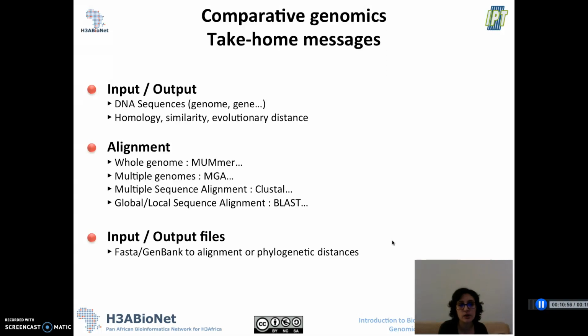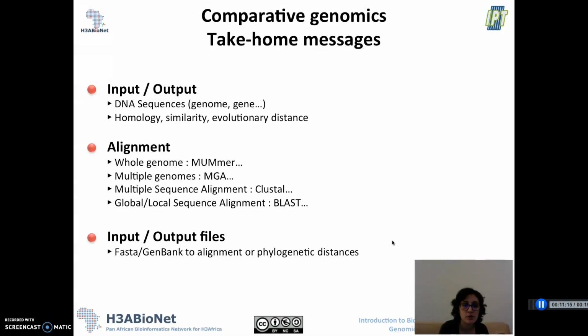This is done through the resources that are available now for alignments. These are different resources and different algorithms that are developed for whole genome, for multiple genomes, for multiple sequences, or for global or local sequence alignment.